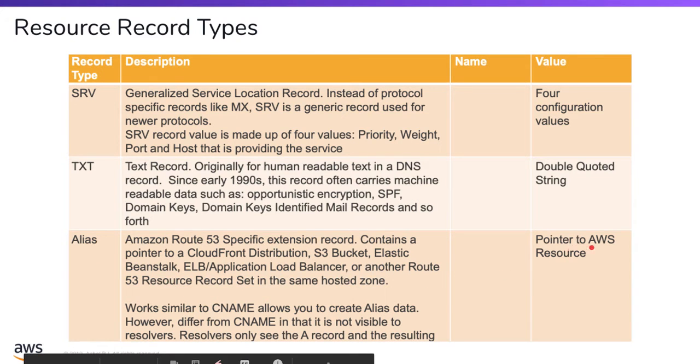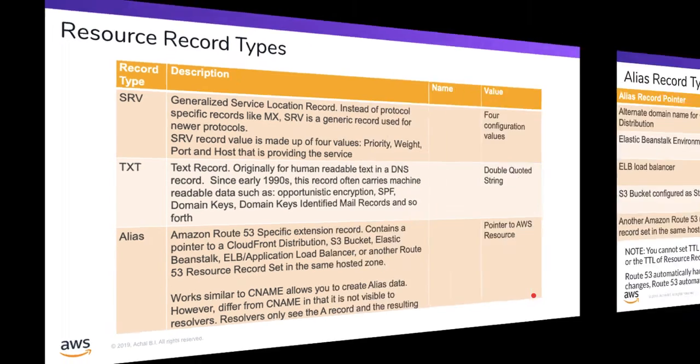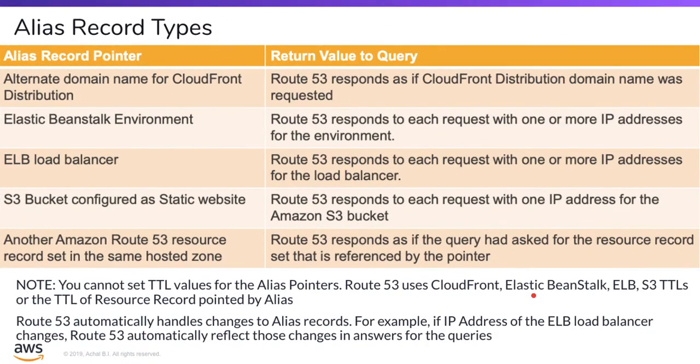So basically, they are pointed to an AWS resource. These are some of the alias record pointers which are out there: CloudFront, Beanstalk, Load Balancer, an S3 bucket configured for a static website, and you can configure to a different record set in the same hosted zone.